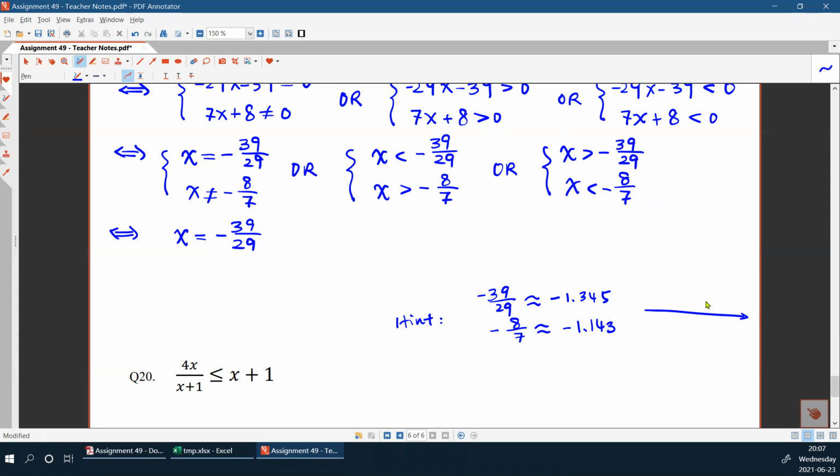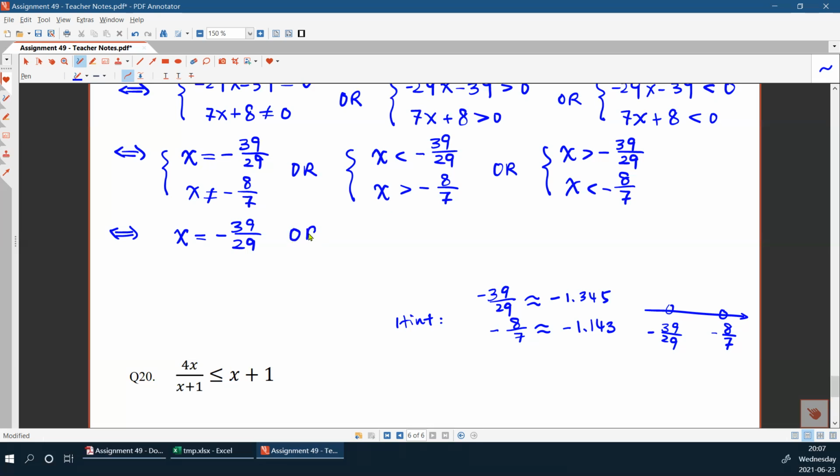To draw a number axis, here should be minus 39 over 29, right? This number is smaller. And this number, minus 8 over 7, should be on the right side of minus 39 over 29, right?